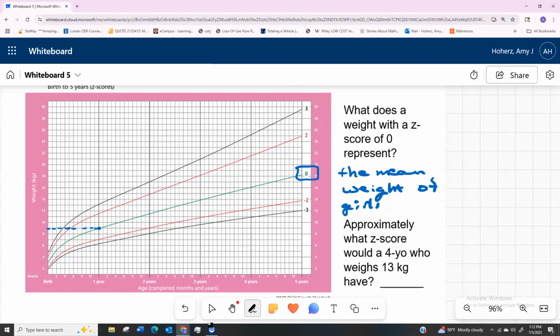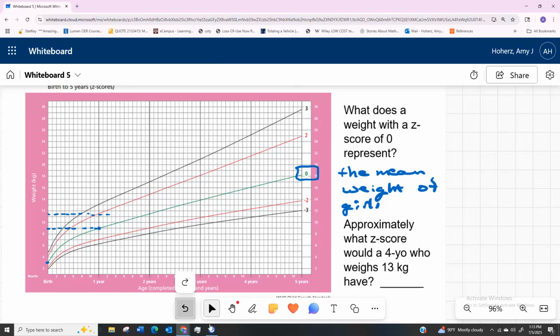So a 1-year-old mean weight would be 9 kilograms. At birth, it looks like the mean weight is about 3 kilograms. And you could do that for all the ages. Let's see, 2 years old. It's not right in between 10 and 12, though. It's closer to 12, so it's probably like 11 and a half kilograms for a 2-year-old. Okay, so you could do that for any of those.